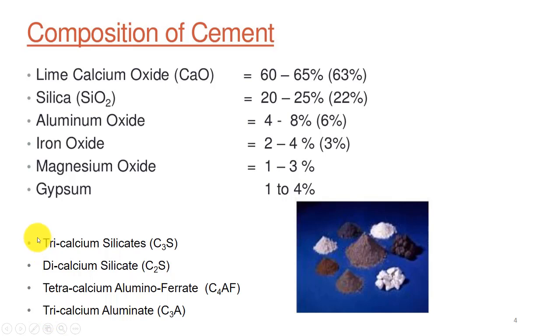These constituents are very important in the hydration reaction and in different phenomena involved in it. For example, tricalcium silicate takes part in the early hardening of cement. Tricalcium silicate (C3S) is used basically for the early hardening of cement.